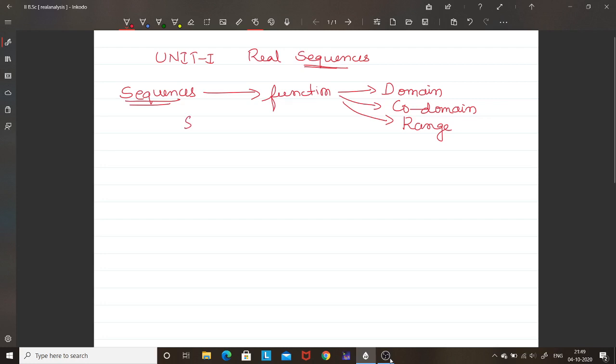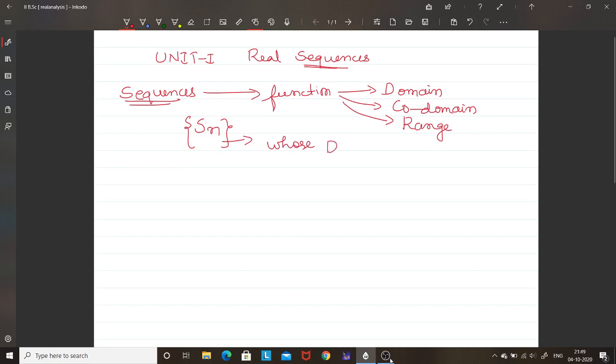We'll denote it as a sequence in curly brackets, {s_n}, with subscript n. It's a function whose domain we have to talk about.